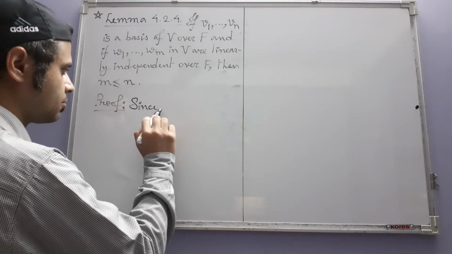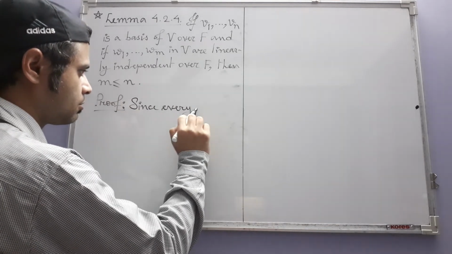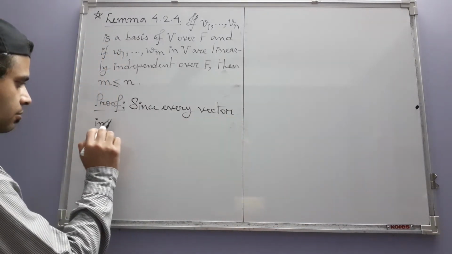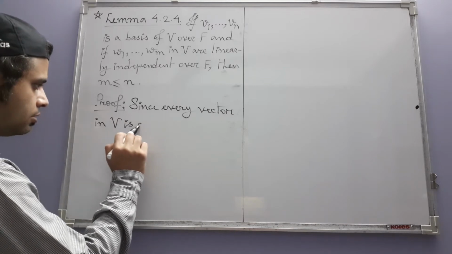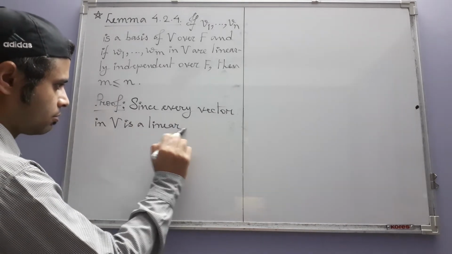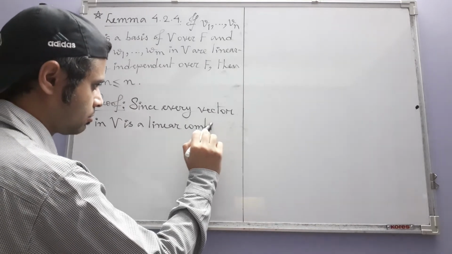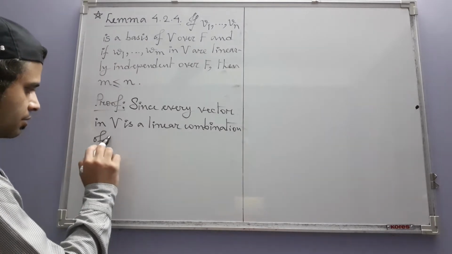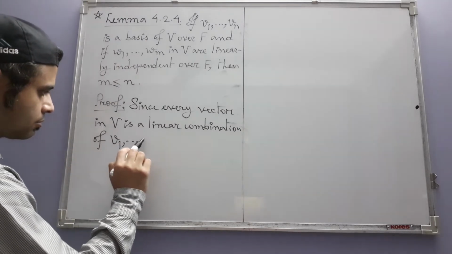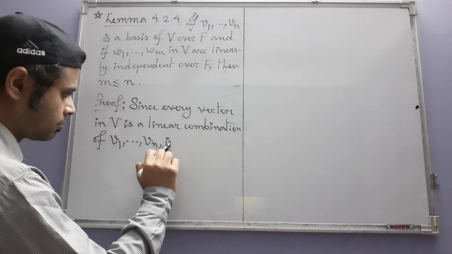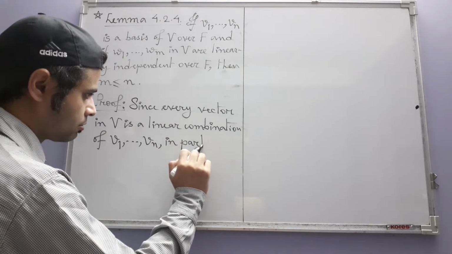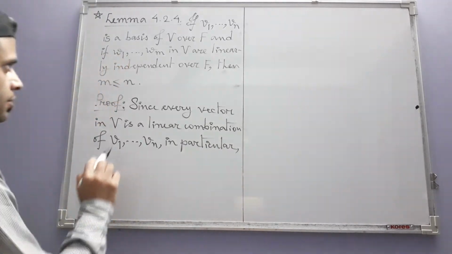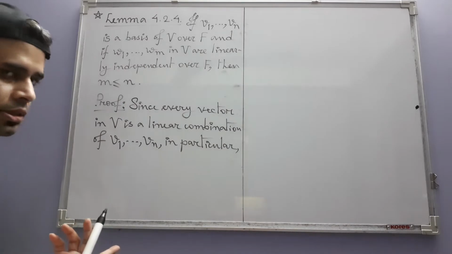Since every vector in V is a linear combination of the basis vectors, in particular, this Wm also is a linear combination.